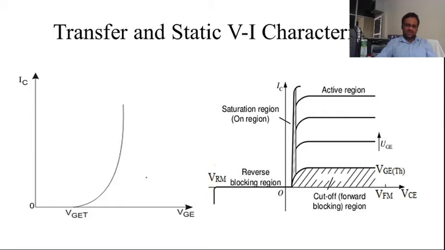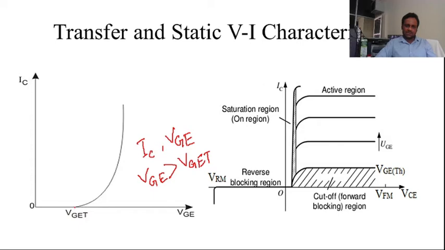Here, the transfer characteristic means the variation of collector current as a function of VGE, that means gate to emitter voltage. As your gate to emitter voltage is greater than the threshold voltage VGE(th), you will find that it starts conducting.